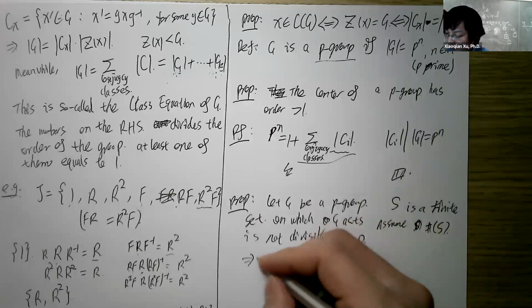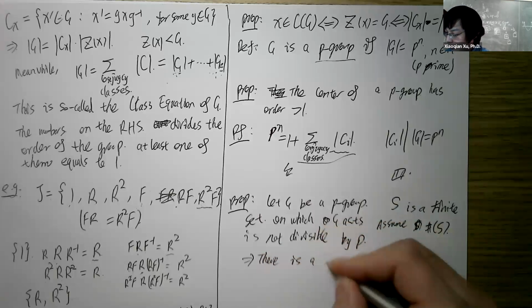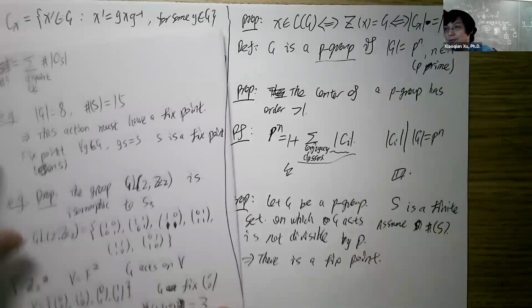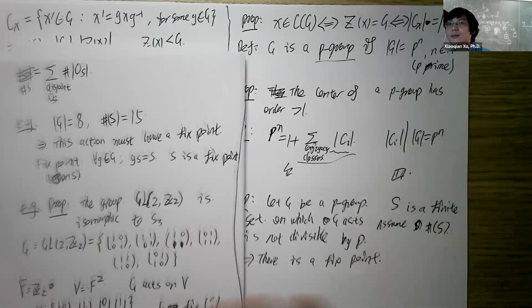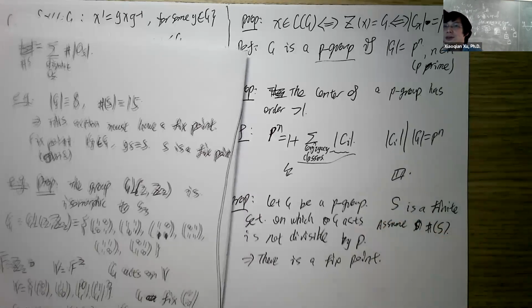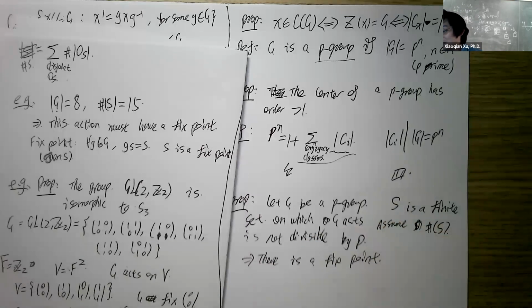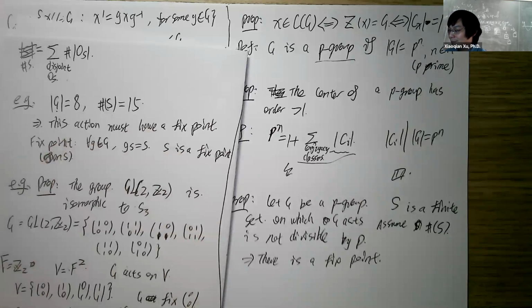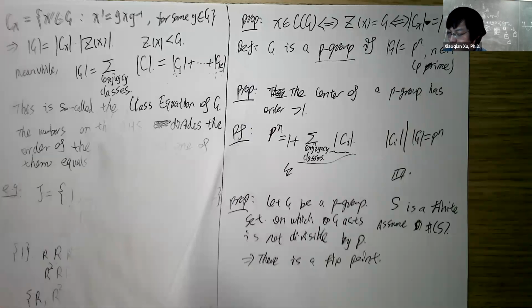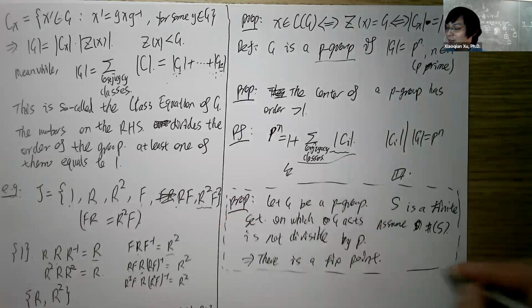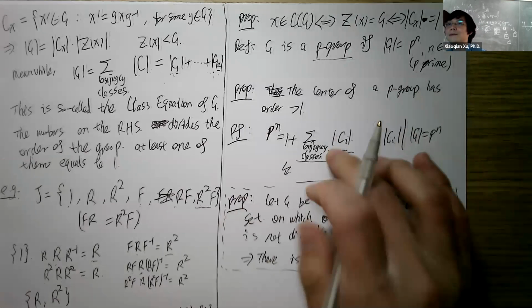The conclusion is there is a fixed point. This is exactly what we have done before. So in general, as long as we know the idea of p-groups, this kind of argument is always valid. You can see this as a byproduct of the idea of this one.